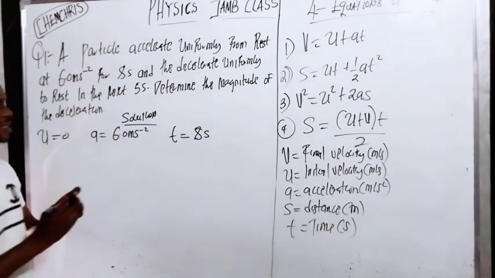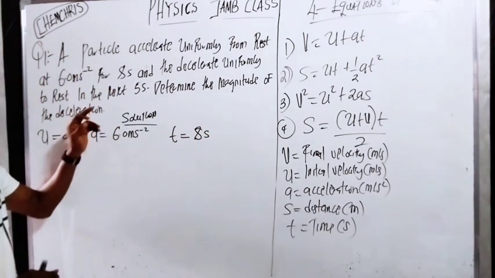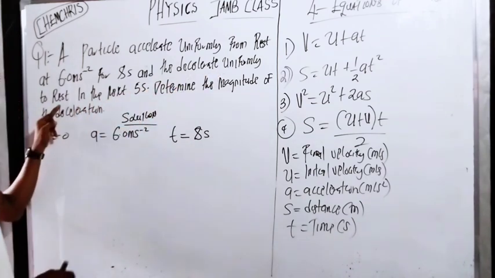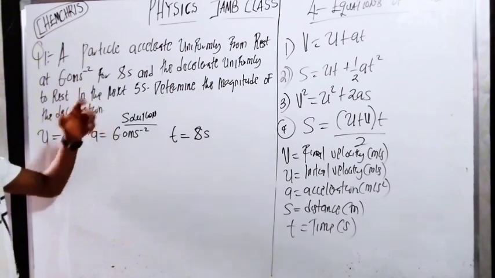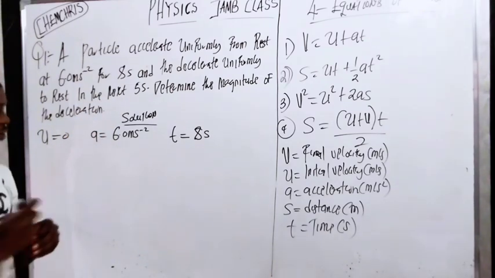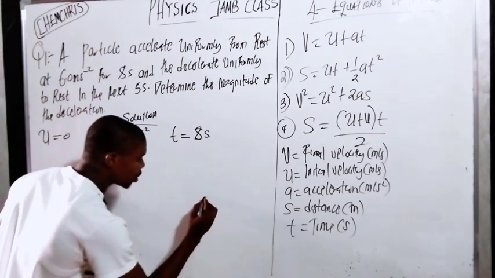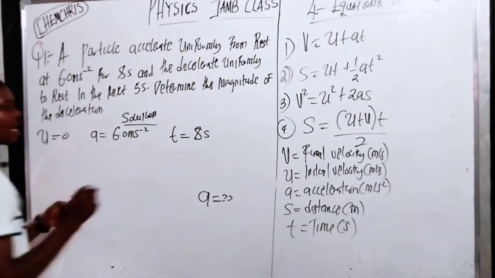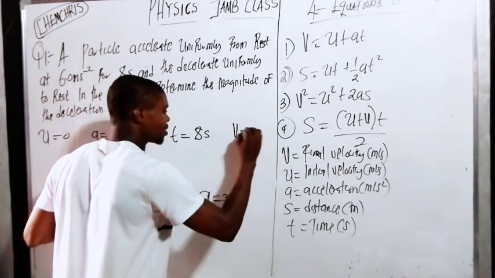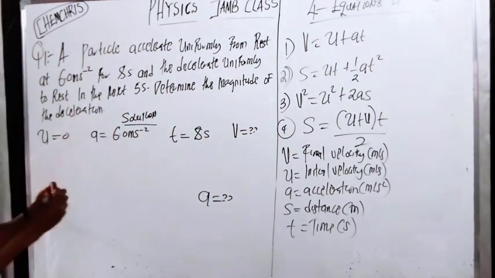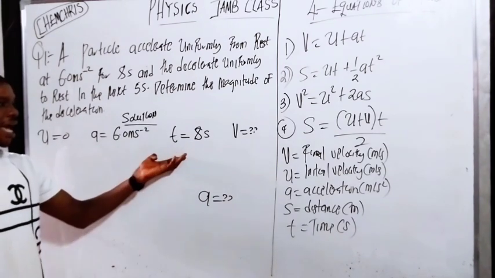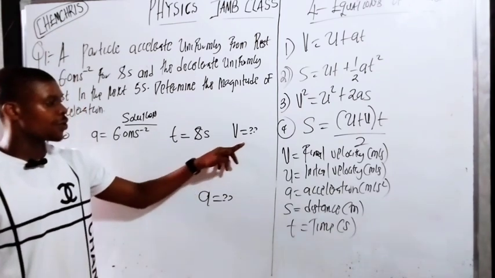It then decelerates uniformly to rest in the next 5 seconds. We want to calculate the magnitude of the deceleration, but first let's look for the final velocity. Here we have the initial velocity, the acceleration, the time, and we are looking for the final velocity.